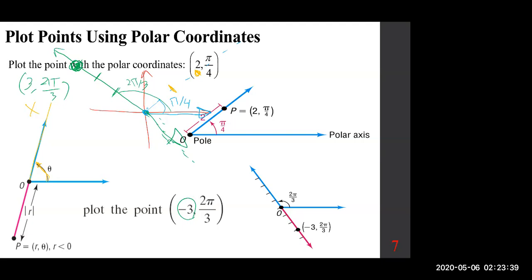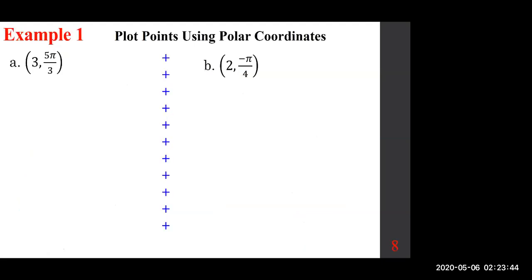Here's the next one, everybody. All right, part A, 3 comma 5 pi over 3. I'm going to put the answer up in a moment, if you want to try that or do it in your head. First, you have a polar axis, or you can even go with the rectangular grid. That's fine with me. You draw the angle of 5 pi over 3.